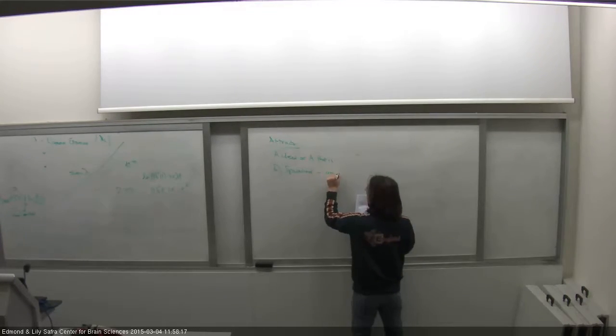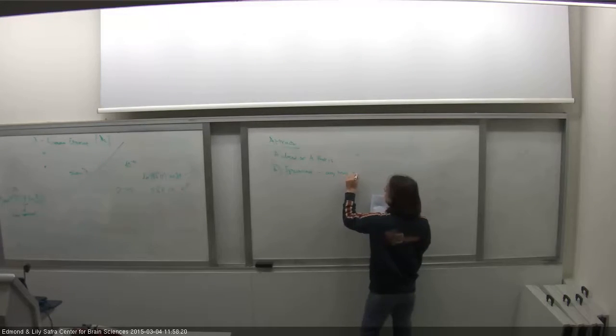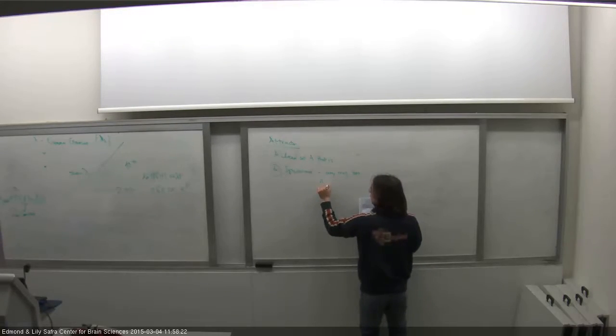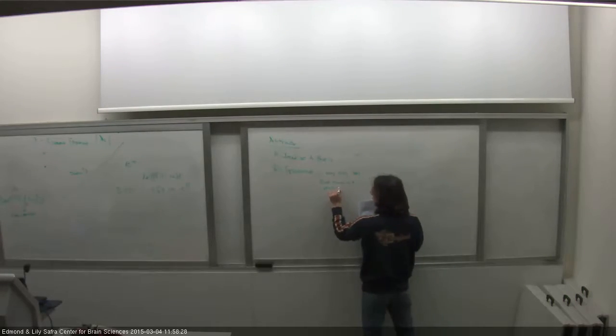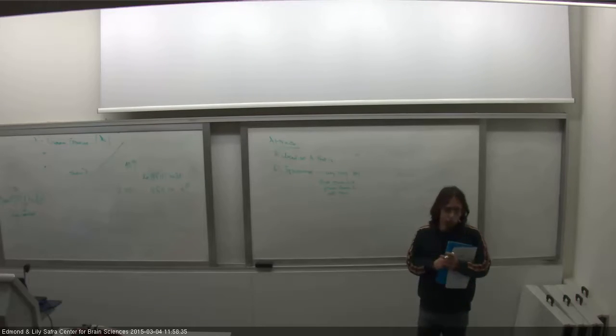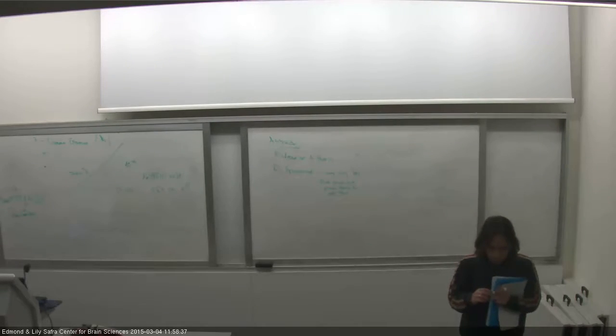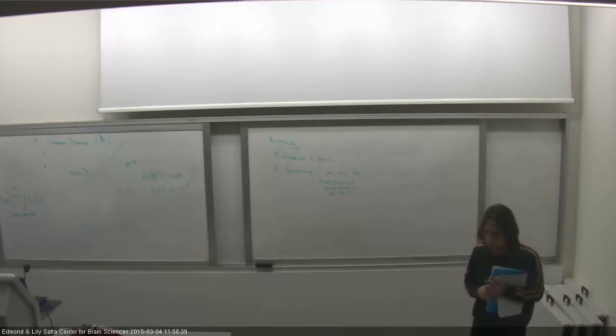Meaning that any trajectory that starts in A stays there for all time. So trajectories stay in A. They start there, they stay there.